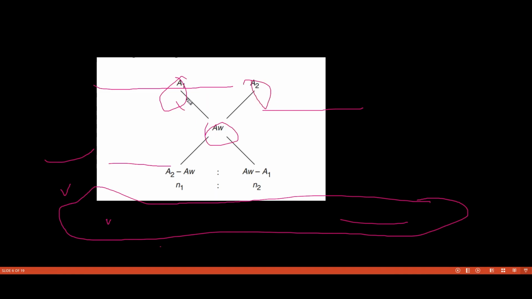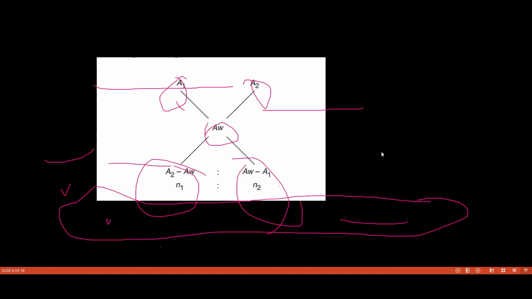So the average AW will be greater than A1 but less than A2. So A2 minus AW is to AW minus A1, or N1 is to N2. This is the ratio we get to work with.